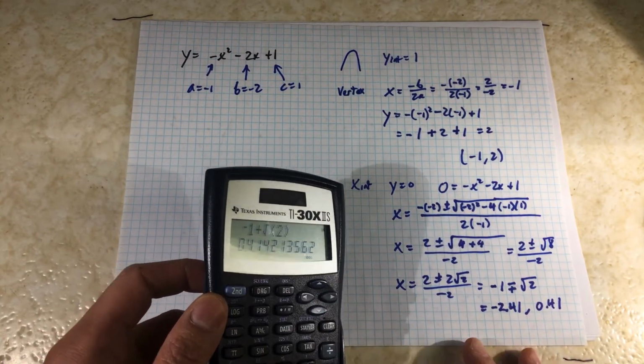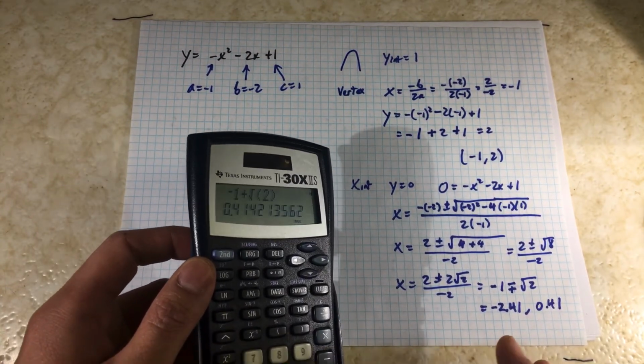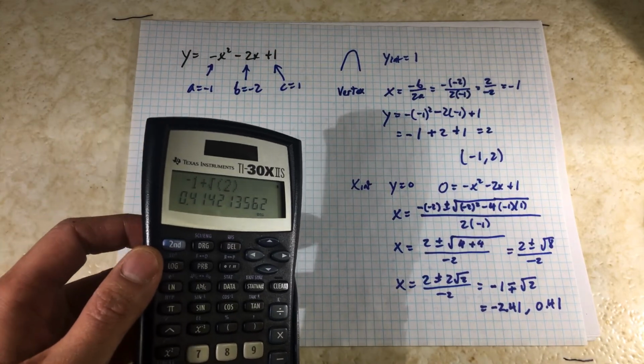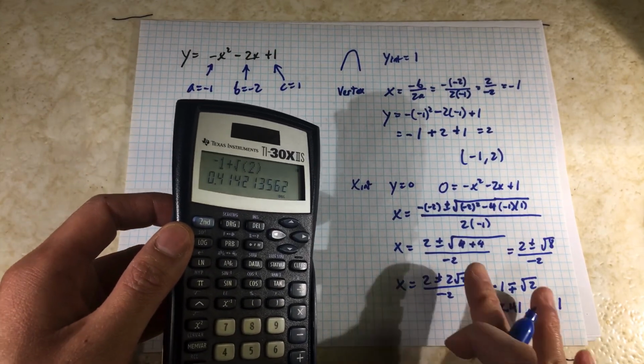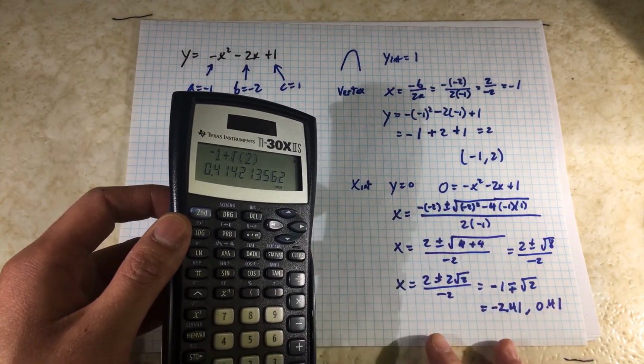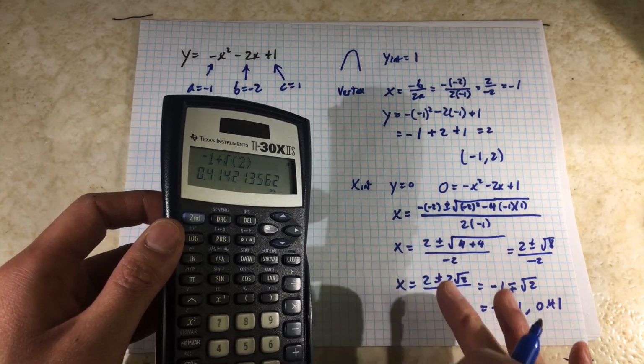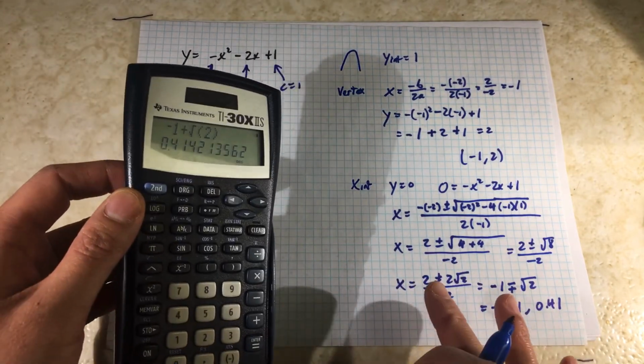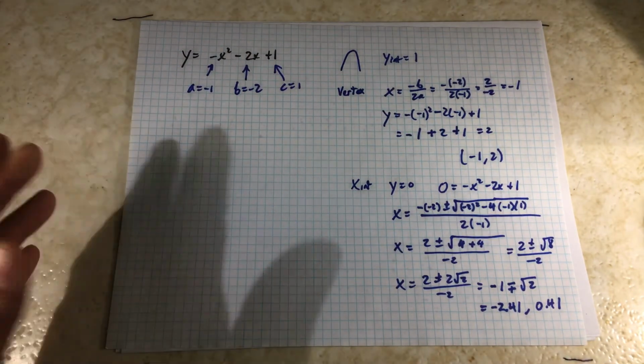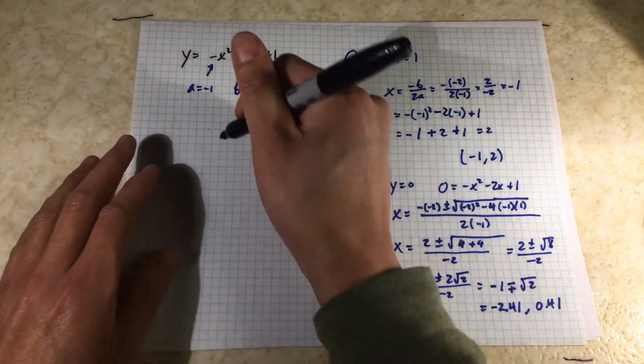You can also do this by completing the square. If you don't understand completing the square, in my opinion, in a lot of cases the algebra is much simpler, but you have to know more about the steps to do it. So let's graph this thing.